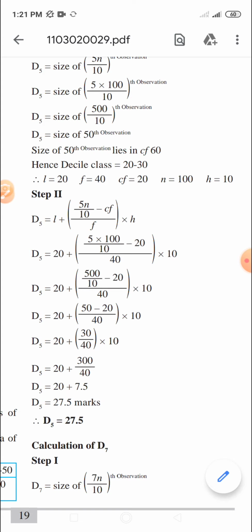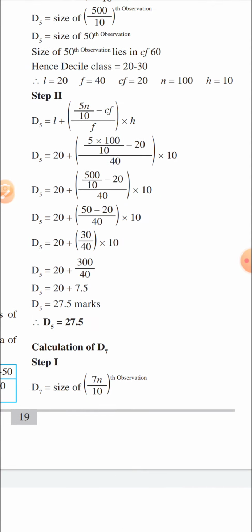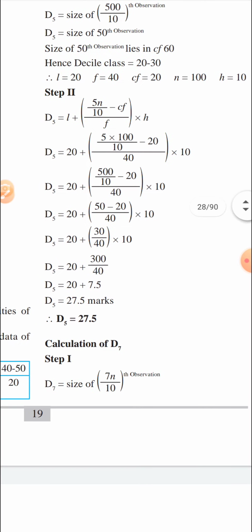Okay, next, calculation of D7 for the given data. So first we again find out the value of decile in case of D7.